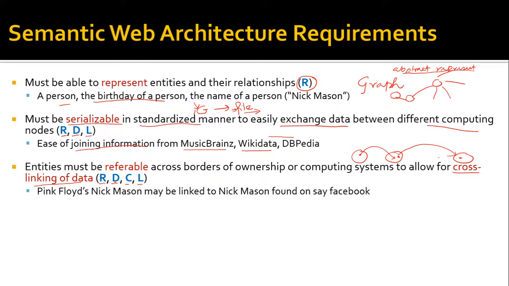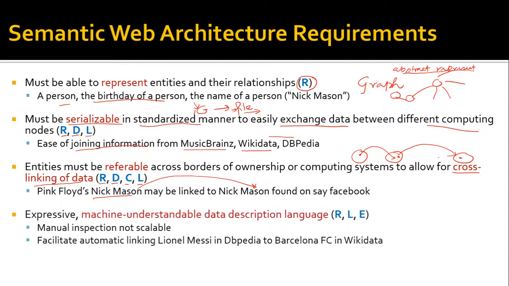So to give you an example, you have the description of Nick Mason in a data set about Pink Floyd stored in some server, and then from this server you might want to link this Nick Mason to the Nick Mason that is found over, say, Facebook, right? Now the language in the first place should be expressive because we want to describe anything about any topic in the world.